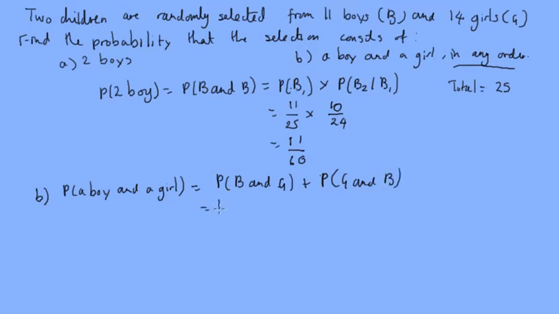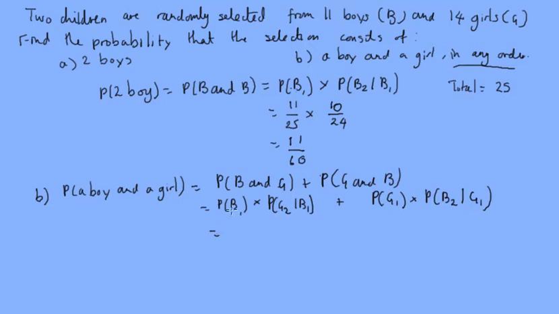So that's the probability of the first child being a boy multiplied by the probability that the second one is a girl, given that the first was a boy. Add that to the probability that the first one was a girl, multiplied by the probability that the second one is a boy, given that the first was a girl.